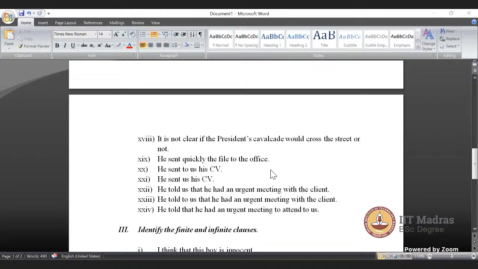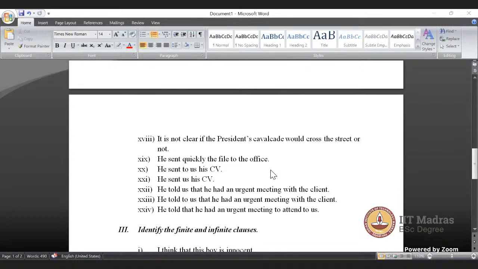Now, what happens in sentences like this, where you have a non-clause object, an object which is not of the nature of a clause? You don't take a preposition before your indirect object. So that's a wrong usage. However, in sentences which have an object that is a clause, this is allowed.